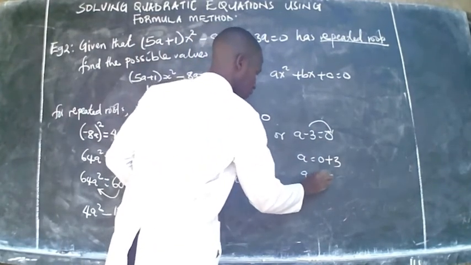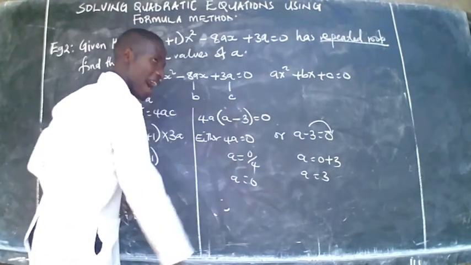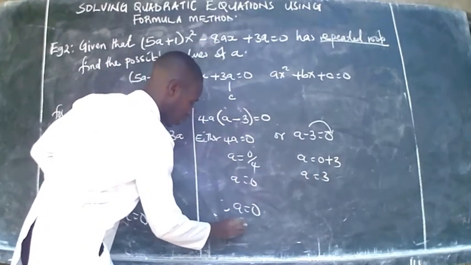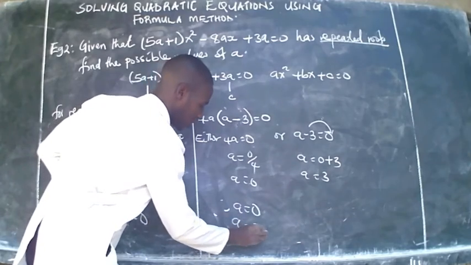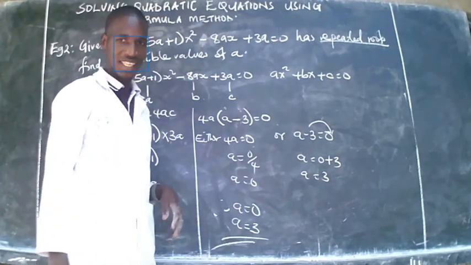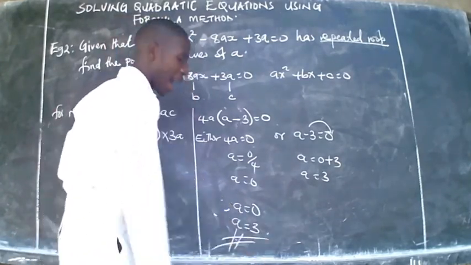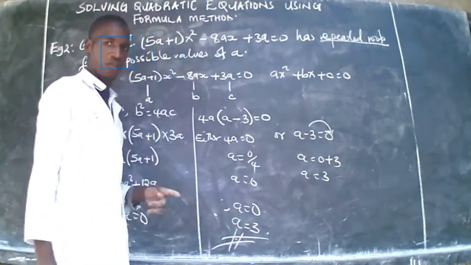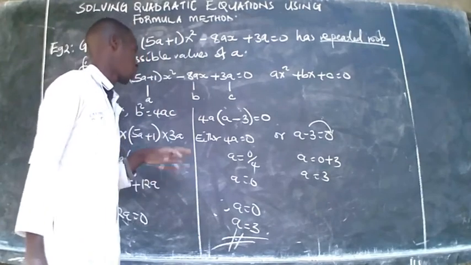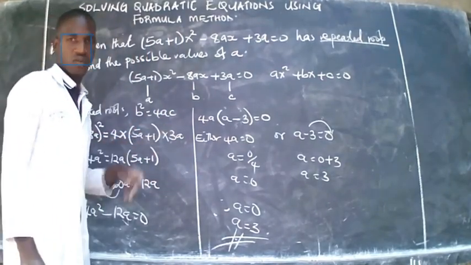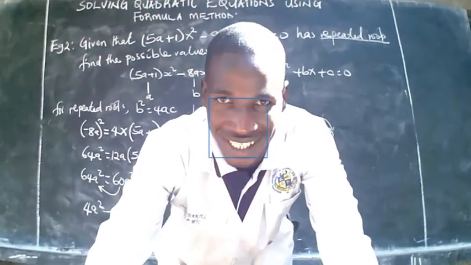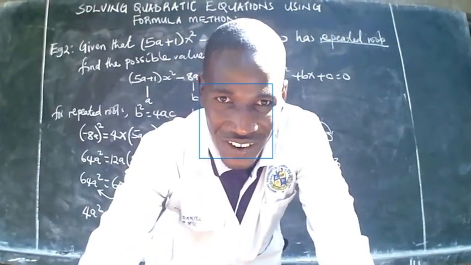So a equals 3. Therefore a equals 0 or a equals 3. Quite easily done. There you'll have successfully solved. Please don't forget, for repeated roots, b squared is supposed to be equal to 4ac. That one you don't need to be told. Is that fine? Good.